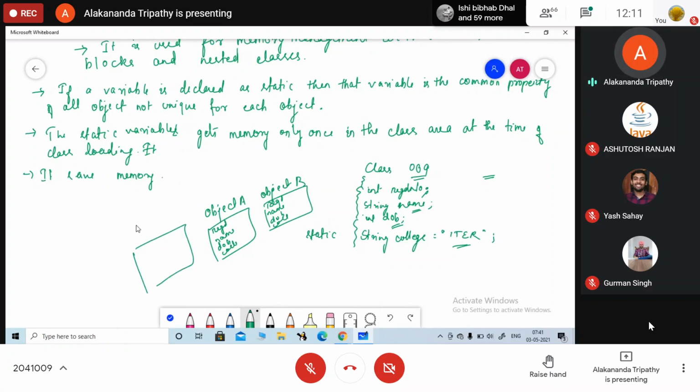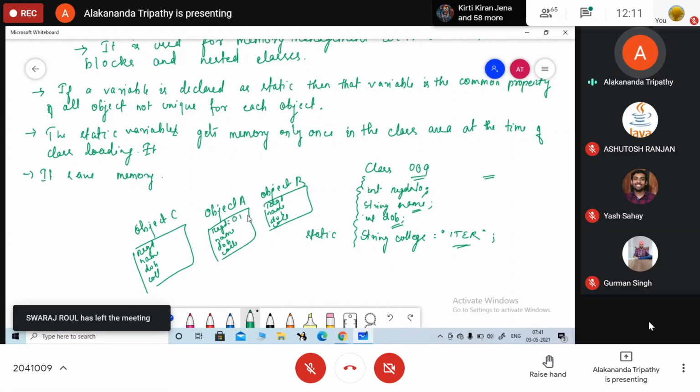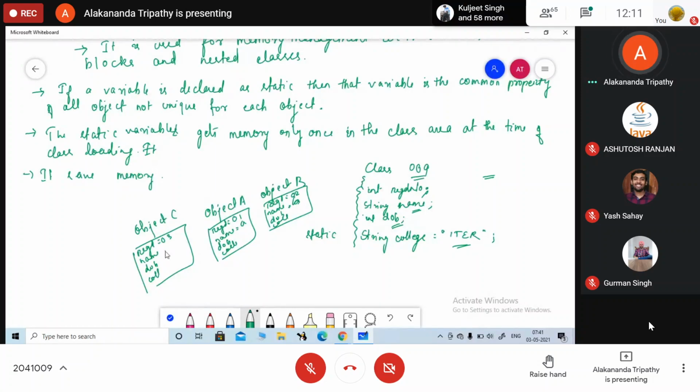Now let here we are having object C. Object C also has some registration number, name, date of birth and college. So look here, if here the registration number is 1, here it may be 2, here the registration number is 3. Similarly here this one is A, name here is B, here the name is C, date of birth here some XYZ. Similarly, here we have some date of birth. Again, here we are having some separate date of birth.